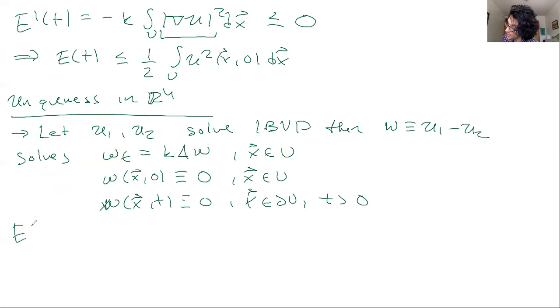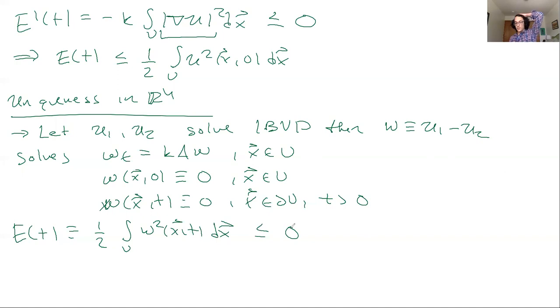So if I define E of t to be a half, the integral of w squared at x, t, dx, then based on the arguments that I made before, that's less than or equal to 0, because w of x, 0 is equal to 0, and this is bounded from above by the integral of 0 again.